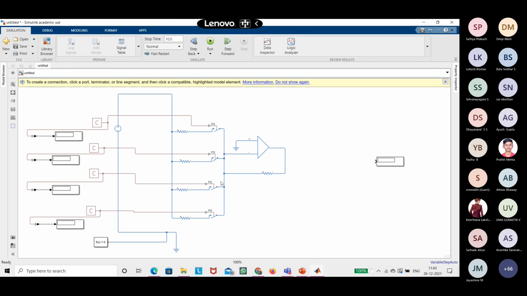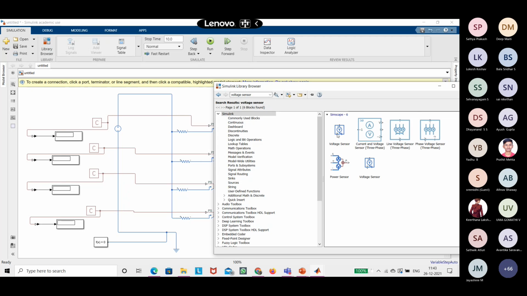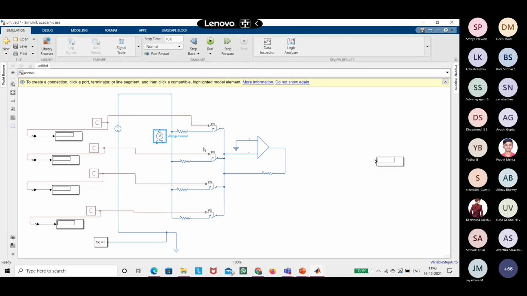Yeah, so that's it from the side. And a voltage sensor as well. So get a voltage sensor and place it in the output.